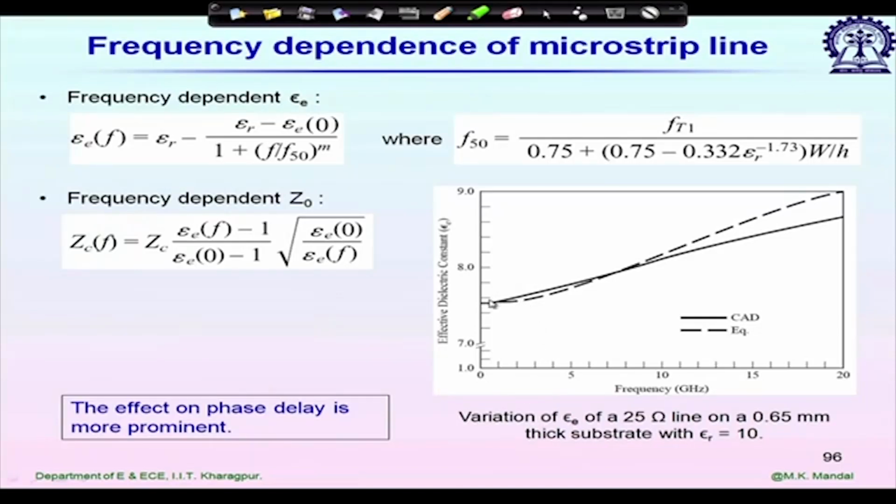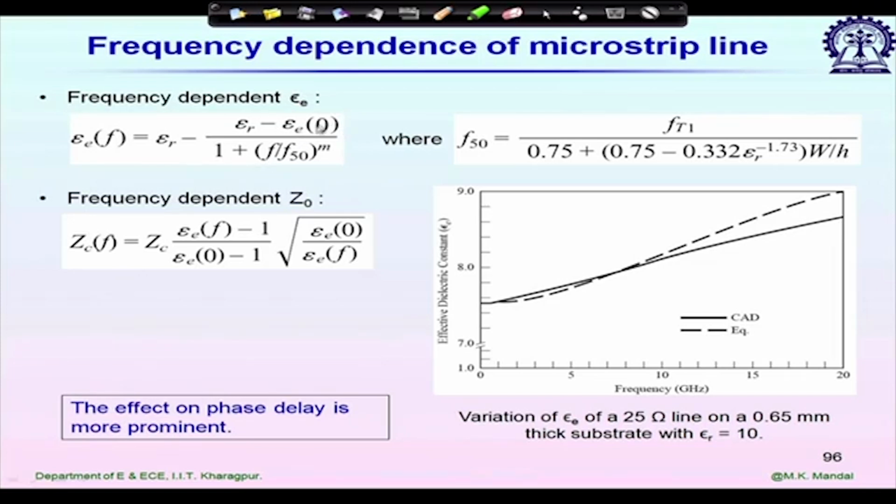So this is the epsilon E calculated from this closed form expression. Look at the closed form expression. Epsilon E is a function of frequency and is given by epsilon r minus this correction factor.